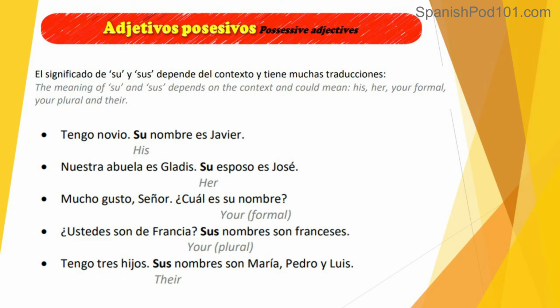And the last one, tengo tres hijos. Sus nombres son María, Pedro y Luis. When we say tengo tres hijos, I have 3 kids, and now I'm talking about their names, so sus in this case means their. Their names are María, Pedro, and Luis.